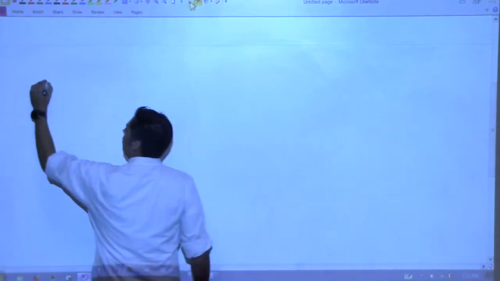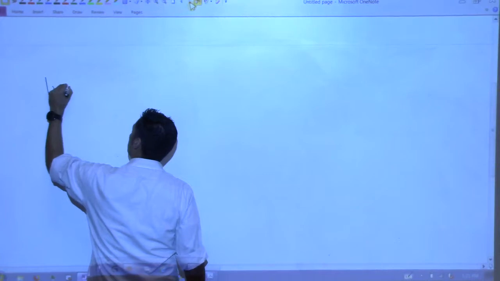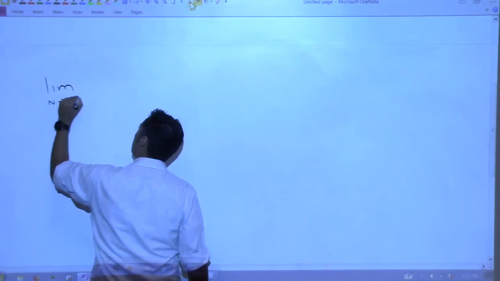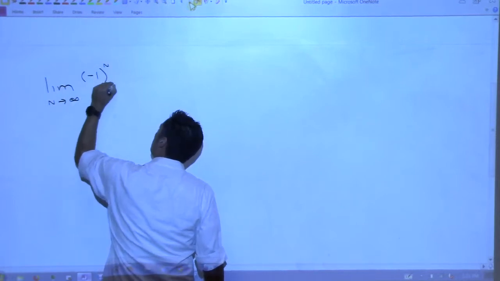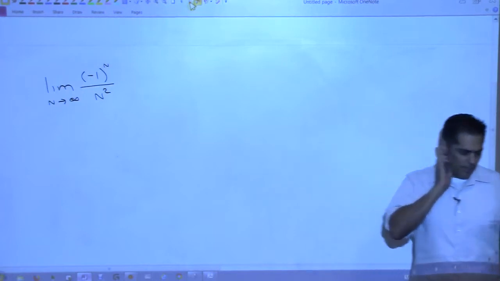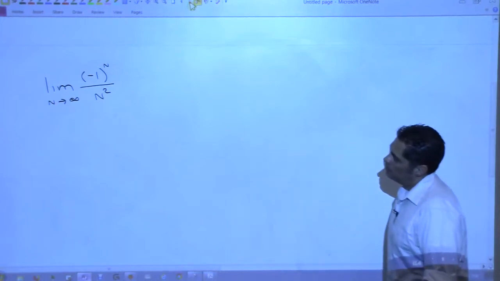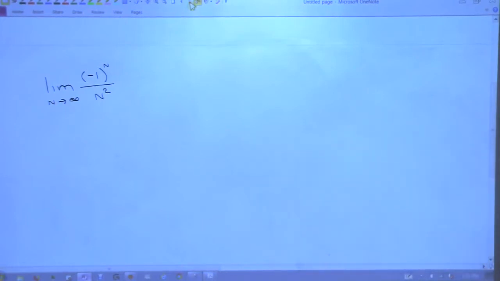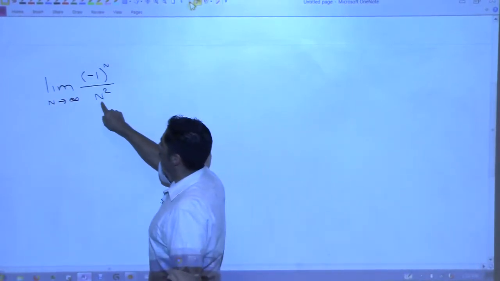Let's do an example. I'm just going to write it as a limit. What's the limit as n goes to infinity of -1 to the n over n squared? All right, so this sequence is what kind of sequence?